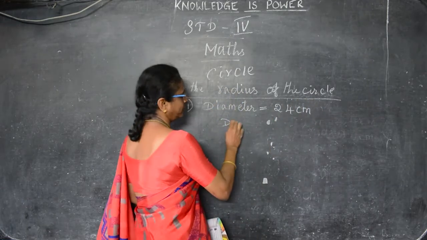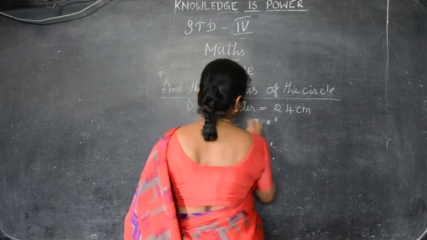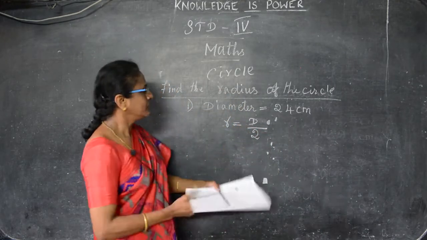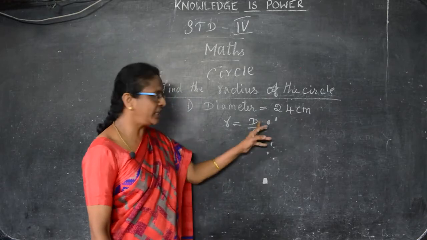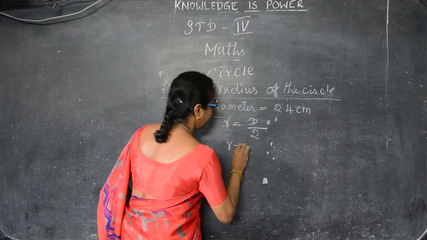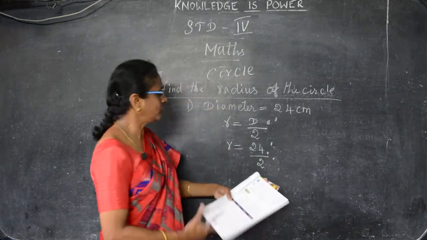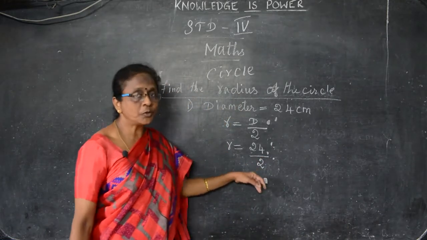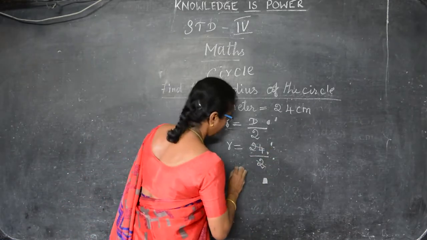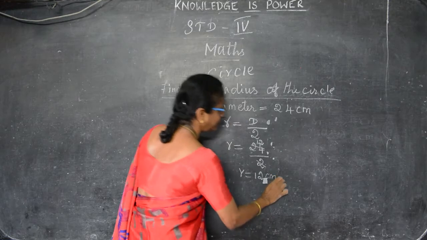To find the radius, radius is d by 2, where d is the diameter and you have to divide. So r is equal to diameter by 2, 24 by 2. You have to divide 24 by 2. In the 2 tables, 2 twelves are 24. So that is equal to 12. So r is equal to 12 centimeter.